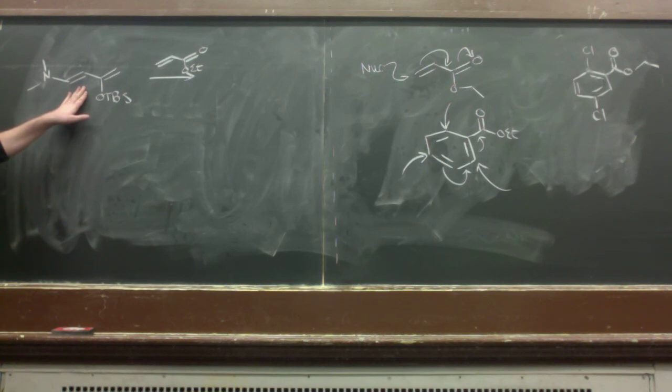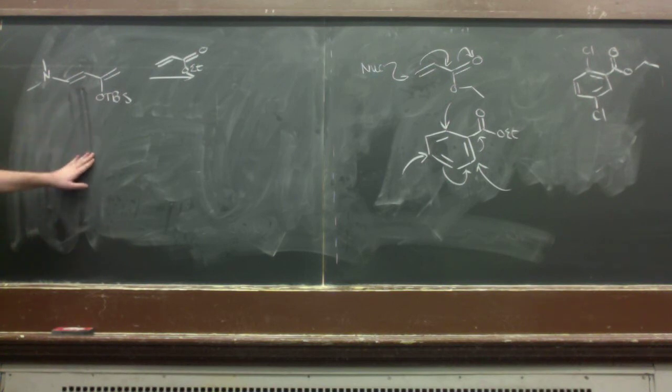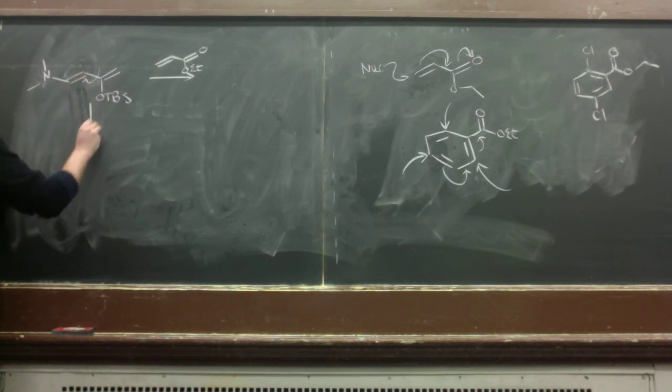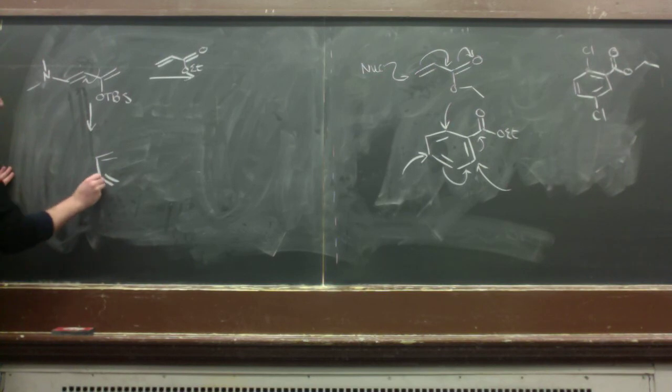The other thing we may want to consider is the S-cis conformation, somebody was saying S-cis, right? So you want to rotate around that bond. When we think about this, it's good to draw it.